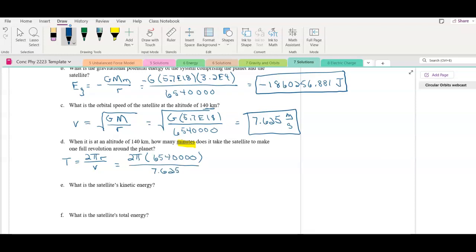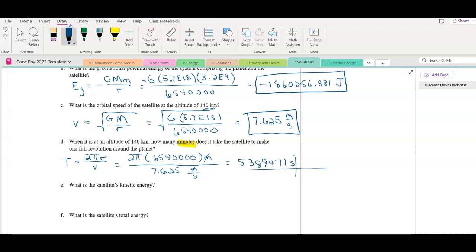This is going to give me seconds, right? The meters will cancel. So I will have to convert. So I've got 2 times pi times the orbital radius, and then divided by the velocity that we found. So I get a lot of seconds. 5, 3, 8, 9, 4, 7, 1.